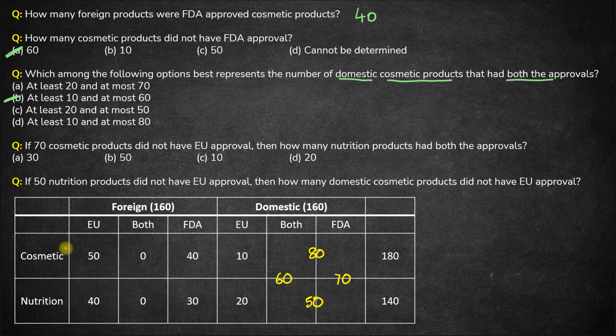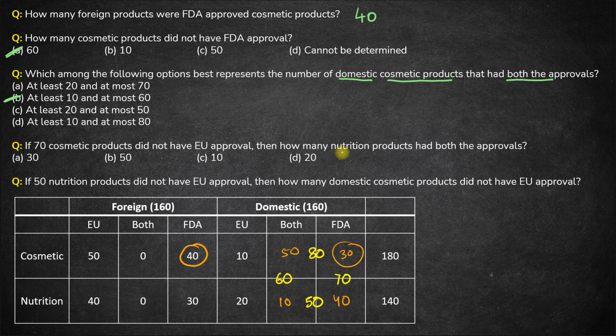Cosmetic products not having EU approval, that means only FDA. So these two blocks combined is 70, right? So if these two blocks combined is 70, this is 40, this must be 30 then. Okay. If this is 30, then the sum is 80, so this must be 50, this must be 10, and this must be 40, right?